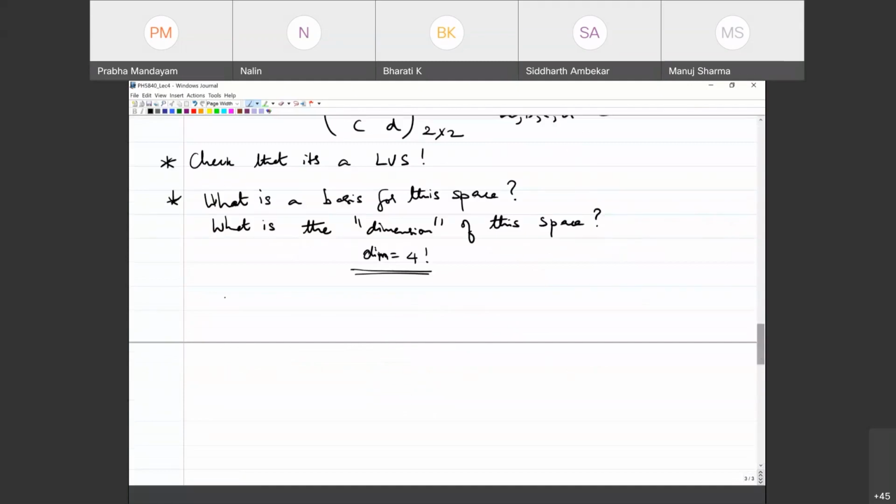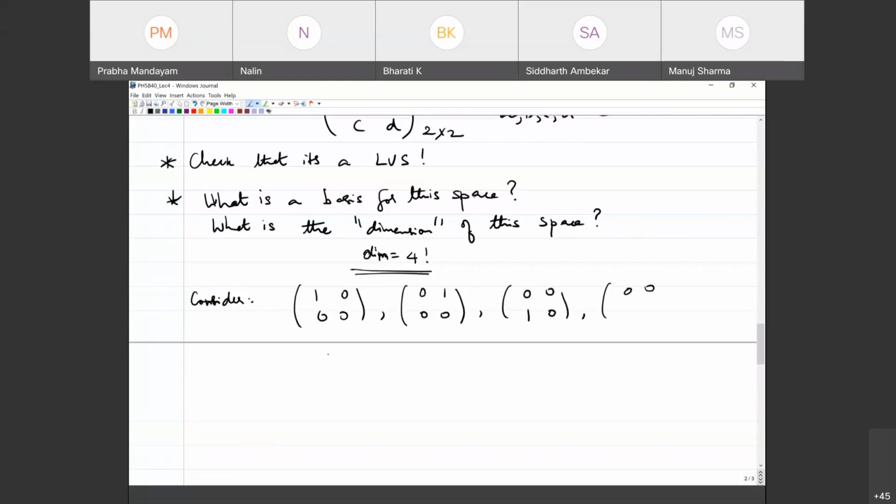Okay, so let me just say, consider this set of 4 matrices: (1, 0; 0, 0), right? (0, 1; 0, 0), (0, 0; 1, 0), (0, 0; 0, 1), right?